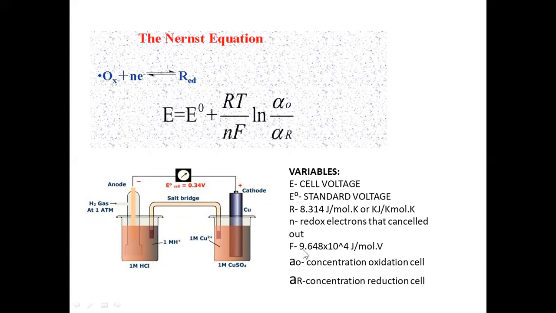And F is the Faraday's constant at 9.648 times 10 raised to 4 joule per mole volts. AO is the concentration of the oxidation cell as said earlier, and AR is the concentration of the reduction cell.